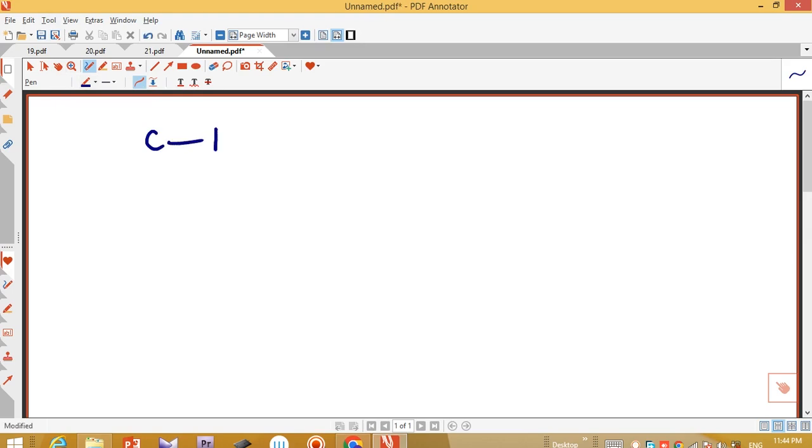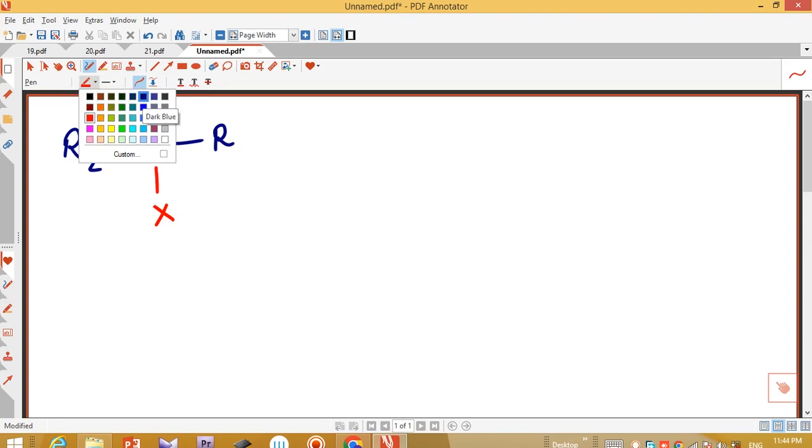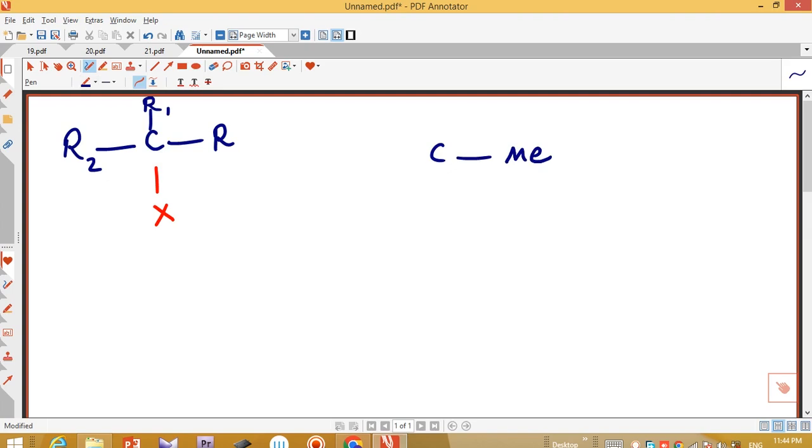Okay, so we also talked about type 1 and type 2. Also, I wanted to talk about tertiary carbon, or carbon type 3. We call carbon type 1 primary, we call carbon type 2 secondary, and we call carbon type 3 tertiary.